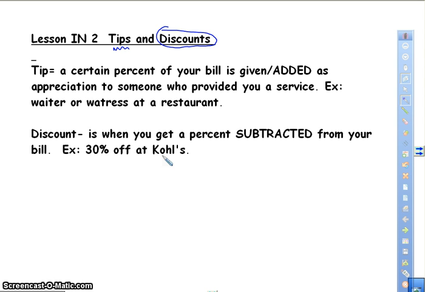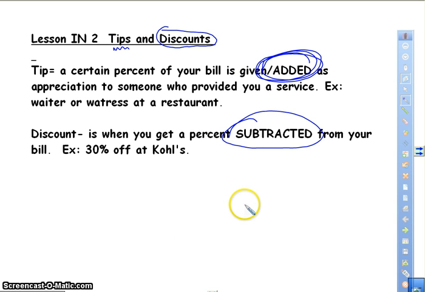A tip is something you add on to your total, and a discount is something you subtract. Big difference there. We find the tip amount and the discount in the same fashion, but one you are adding and one you are subtracting.